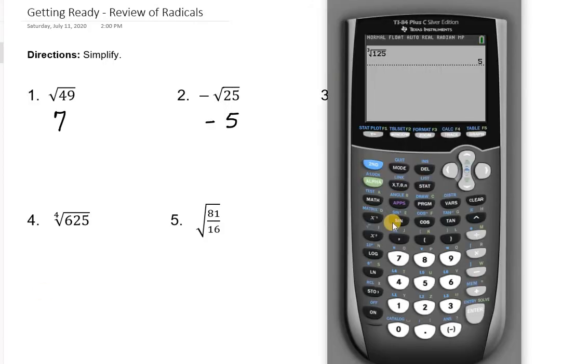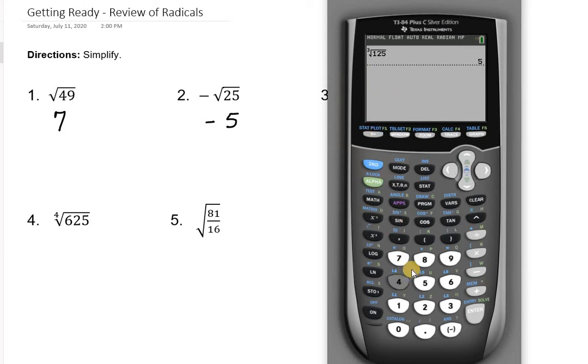Okay, problem 4, I have the fourth root of 625. So again, I'm going to go to this math key and scroll down till I get to this fifth option where I have the nth root here. So press enter, and you notice that my cursor is up here at my index.